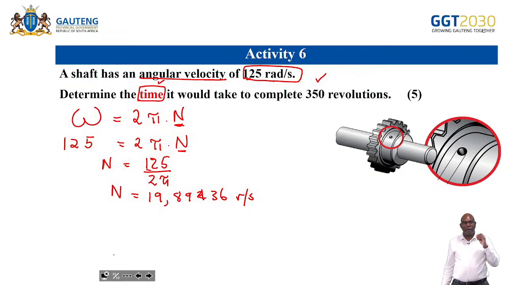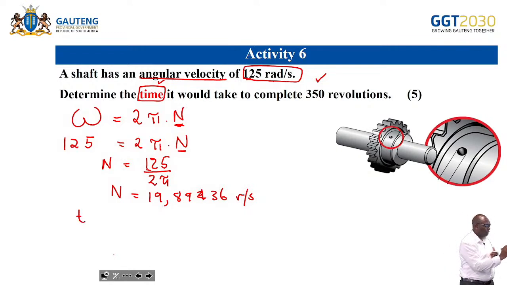We need to find the time it will take to complete 350 revolutions. The 19.89 is for the 125 radians per second, but we need the time to complete the 350.